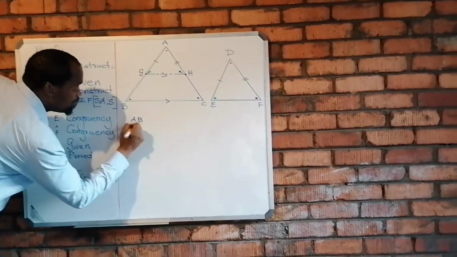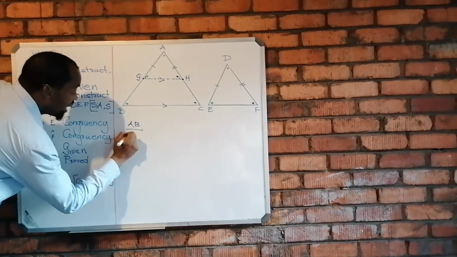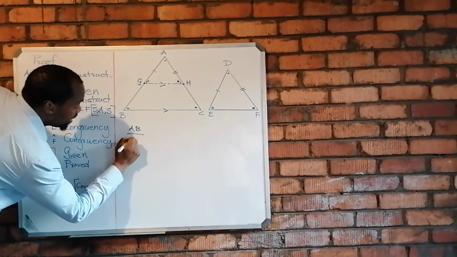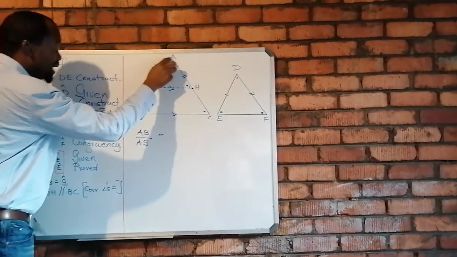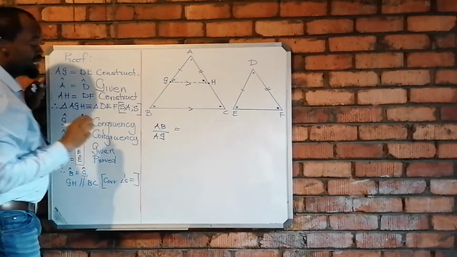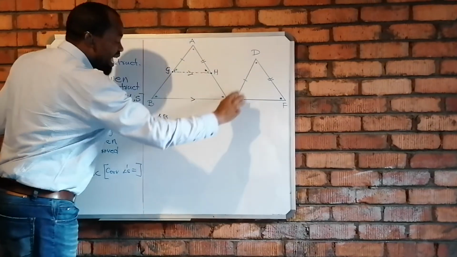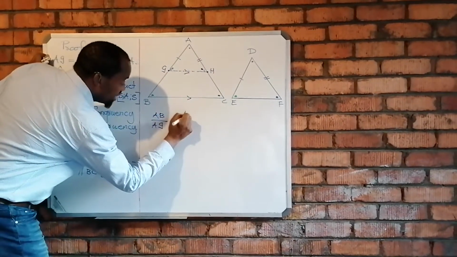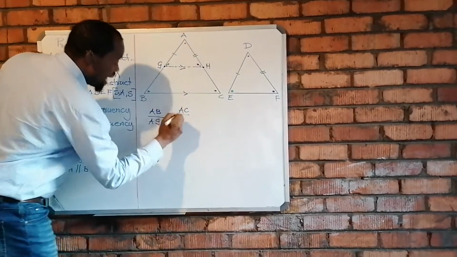side AB, which is this, divided by AG. I'm taking AB, I'm dividing it by AG, is in the same proportion as AC divided by AH.